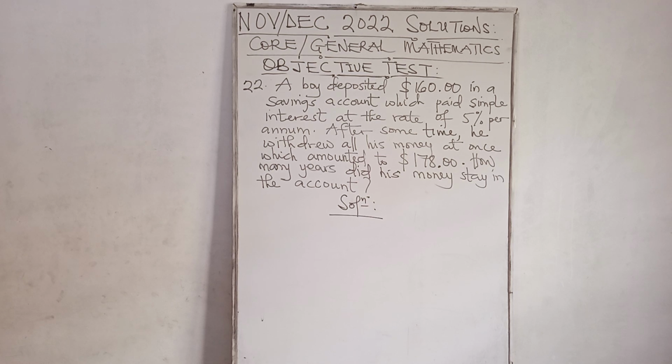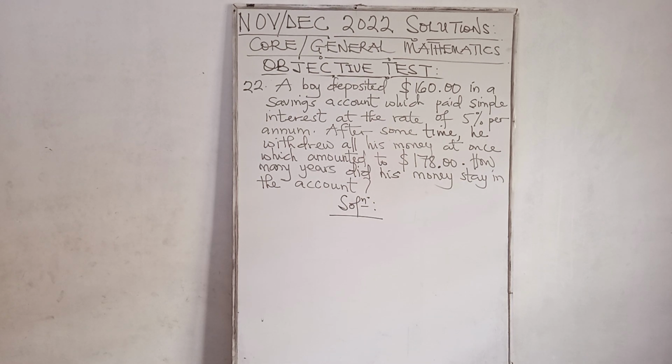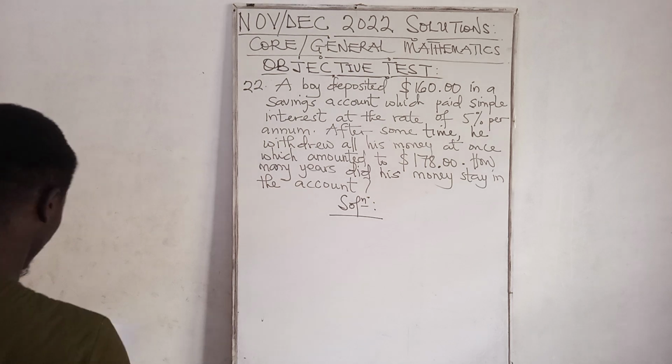A boy deposited $160 in a savings account, which paid simple interest at the rate of 5% per annum. After some time, he withdrew all his money at once, which amounted to $178. How many years did his money stay in the savings account?